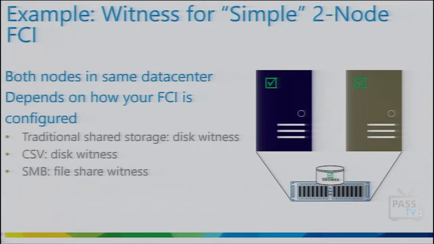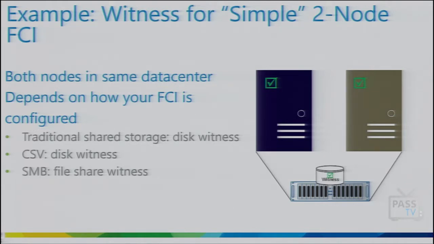So unlike the traditional FCI where storage is only presented to a single node at a time, it's presented to all of them. Again, outside the scope of this session, but in the same way, because it's still attached disk, I would still do a disk witness for CSV deployments of FCIs in 2014.